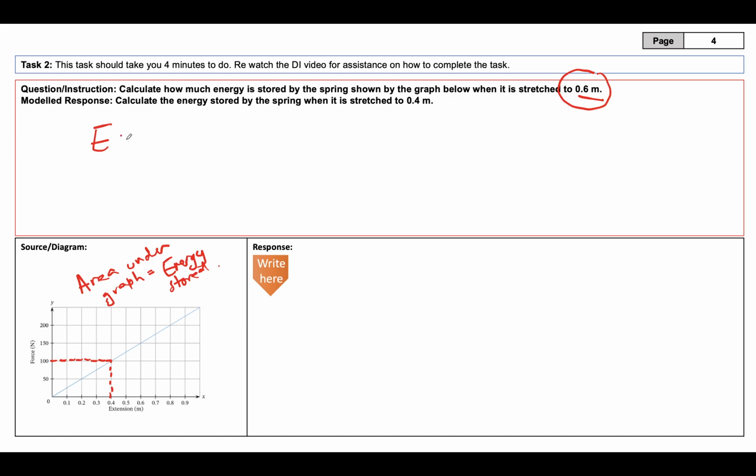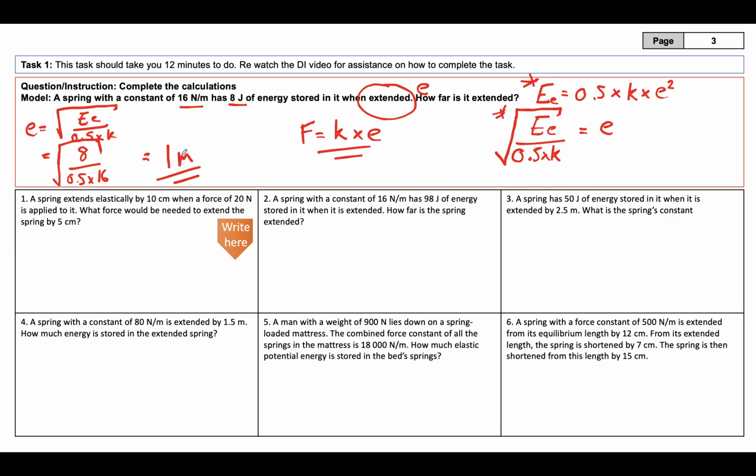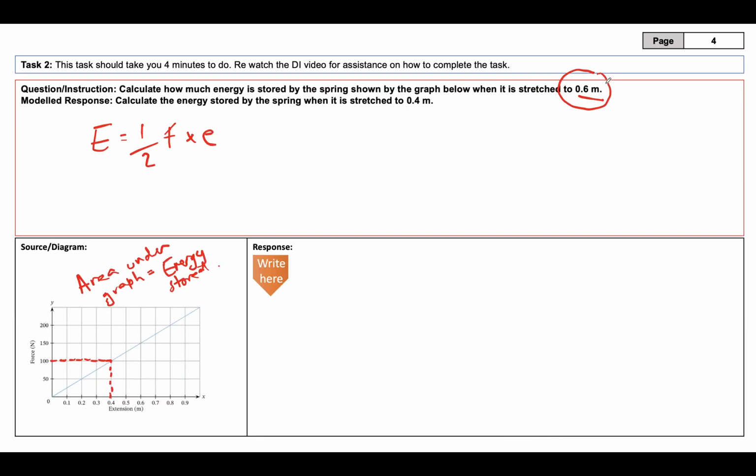So my energy stored is going to be a half F, the force, times by extension. So this is a combination of these two equations. So we can use this one, substitute it into that one, and it gives us this equation here. But we've just deduced it from the graph.